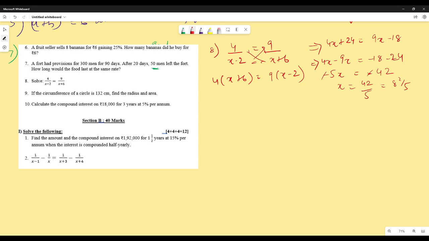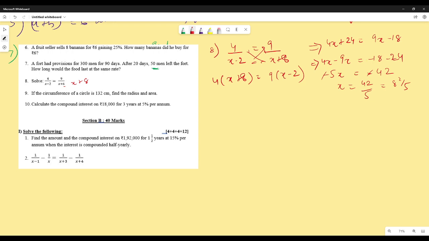Oh, okay. It seems that this was actually 6x plus 8. So I have this paper in which the corrections were not done. So okay, this is actually x plus 8. Fine. So if this becomes x plus 8, let us make this x plus 8.